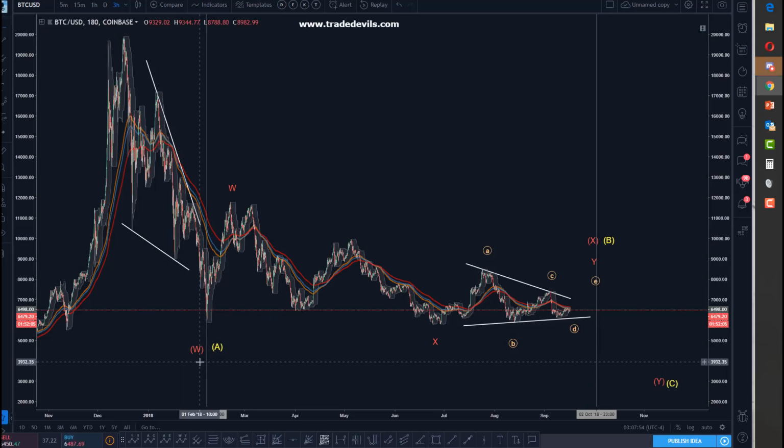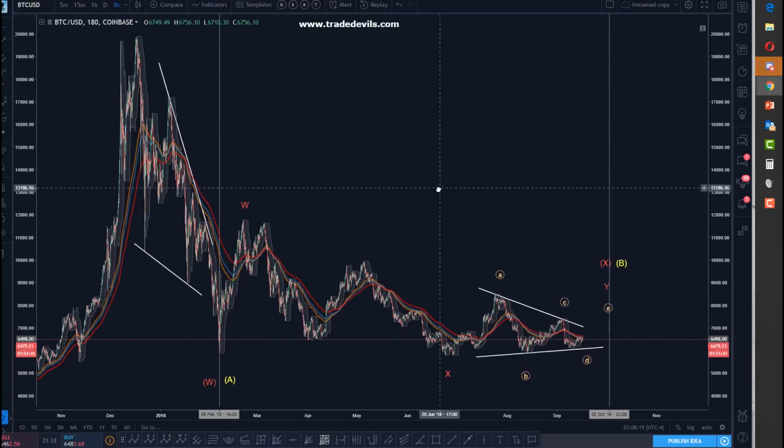The W of a double or triple zigzag and the Y and the Z have to be simple zigzags, and W, Y and Z of a double or triple 3 sideways pattern must be either a zigzag, a flat, or a triangle. Simple patterns only. So X can be all kinds of crazy, and this is crazy. But is it really crazy given the other options, right?